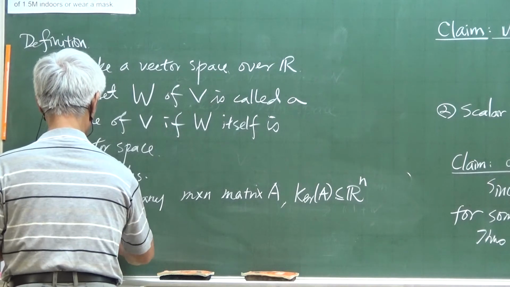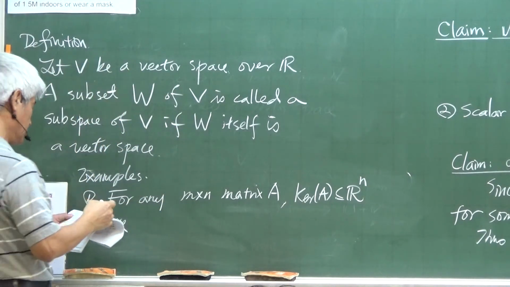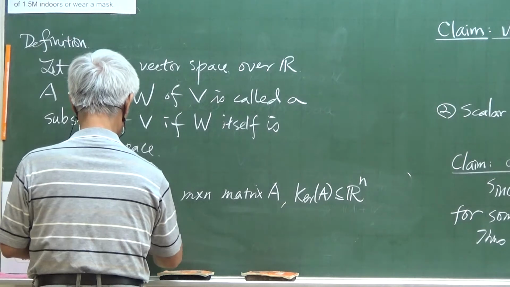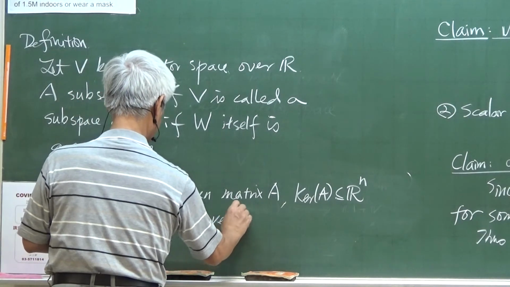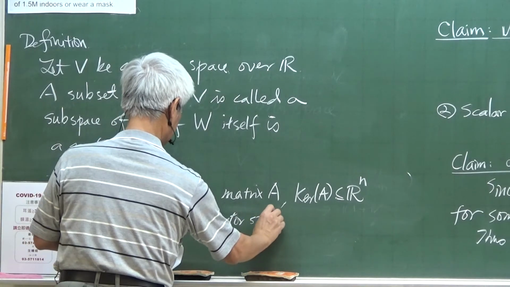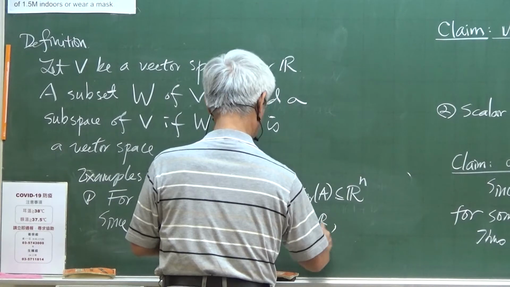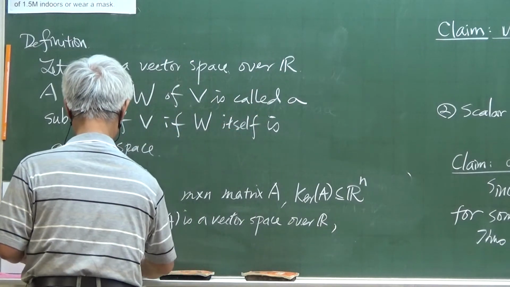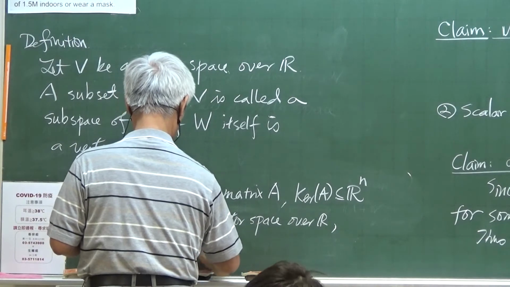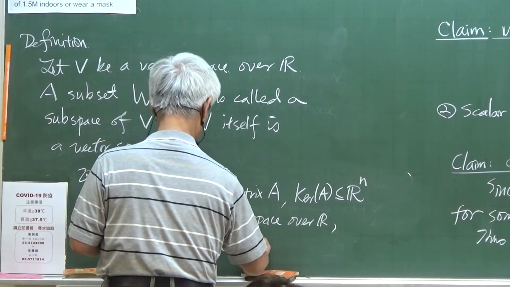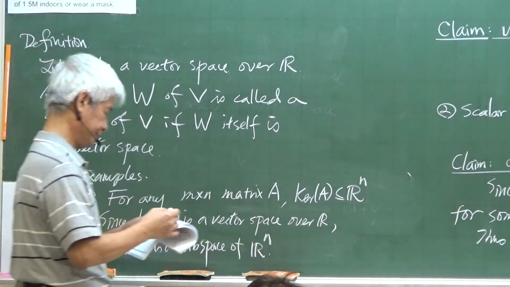Now we have shown by one of the examples we raised, the kernel of A is a vector space over R. So the kernel of A is a subspace of Rn. So this is the first example.